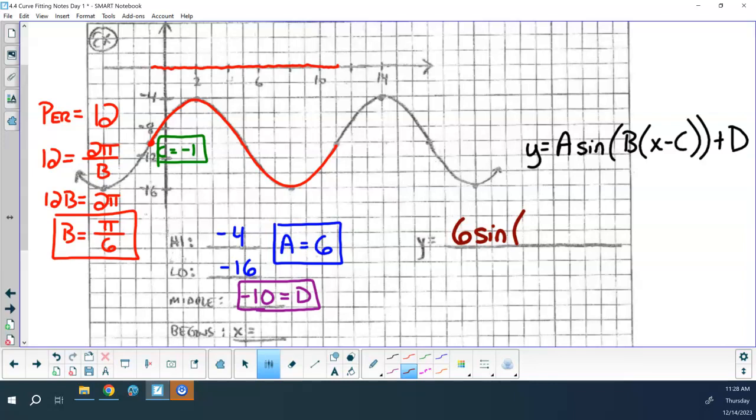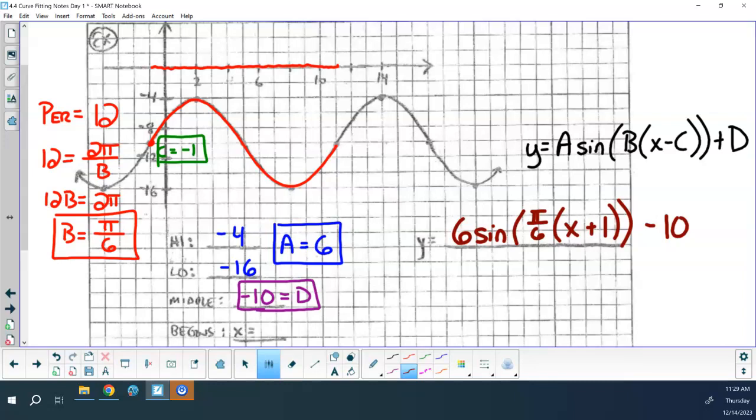Pi over 6. What's my c value? -1. So in this equation, it would be -1 or +1? +1, because we have to think oppositely. What's my d value? -10 or +10? Minus, that's outside the parentheses, so it's straight up. And that would work, right?